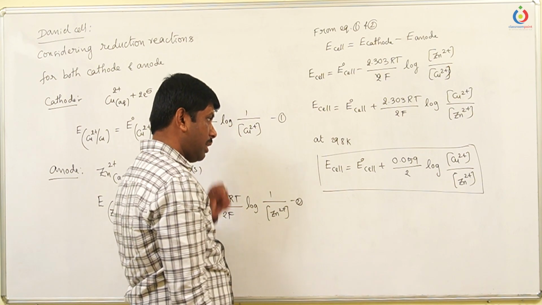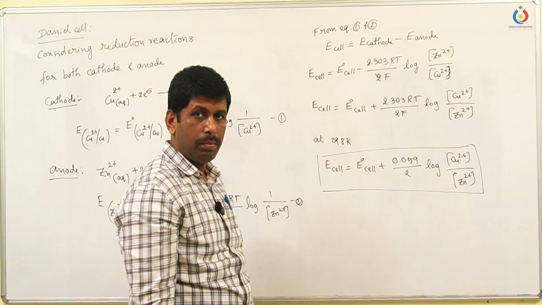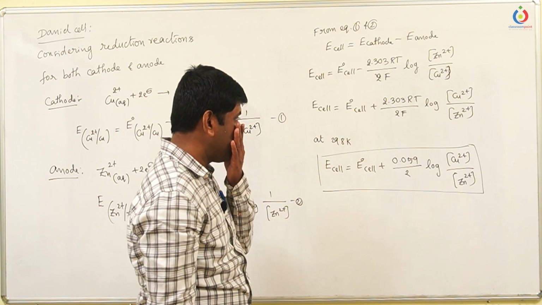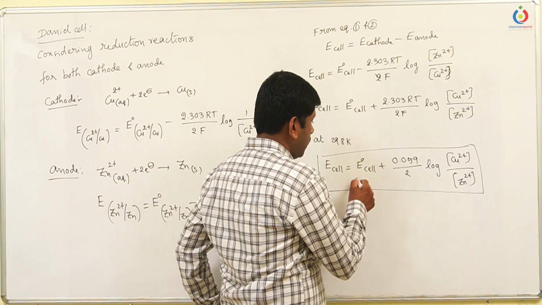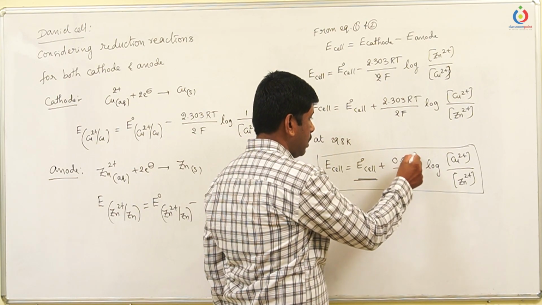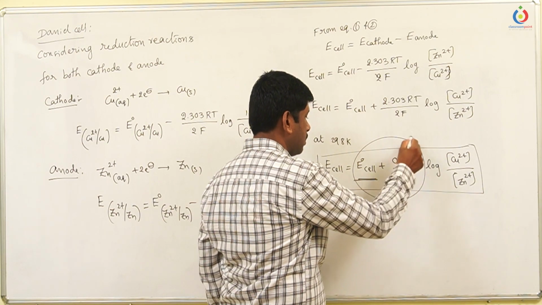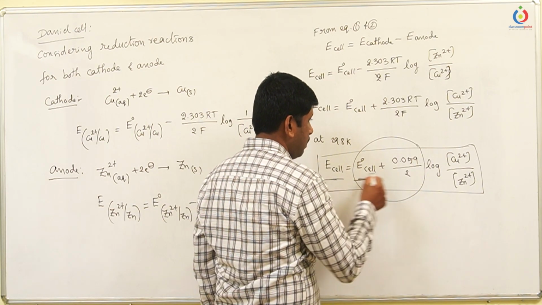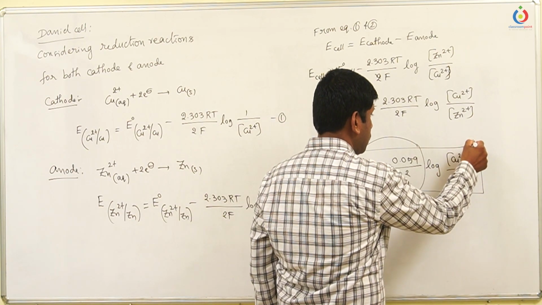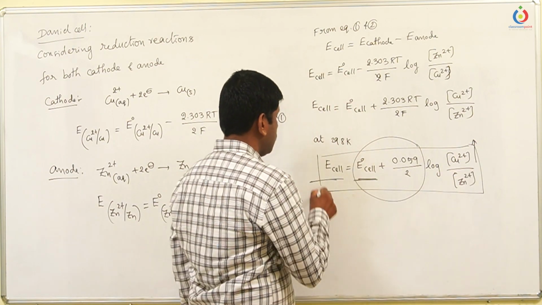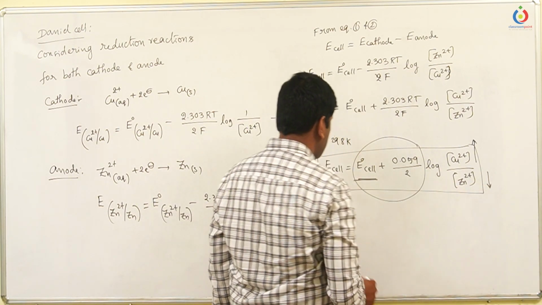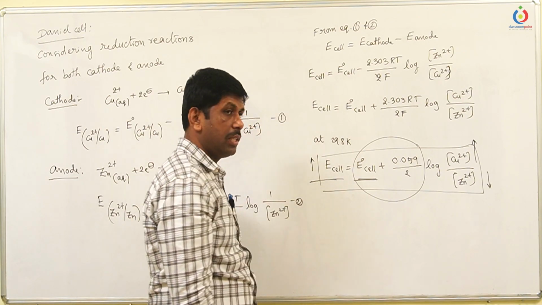The question arises: how do we get the maximum potential from the galvanic cell or Daniell cell? Here E naught cell for two particular electrodes remains the same, and 0.059 by 2 is also constant. So this entire part remains constant. That means the E cell value depends on these two concentrations. If you take a higher concentration of Cu2 plus ions, the E cell value increases. If you take a lower concentration of Zn2 plus ions, again the E cell value increases.